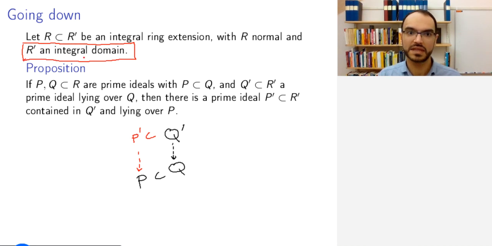So why do we need R prime to be an integral domain? That is the question for you. The reason we need R to be normal is much more subtle, but hopefully you will find a counterexample when R prime is not an integral domain. And this concludes our properties with respect to prime ideals in integral ring extensions.